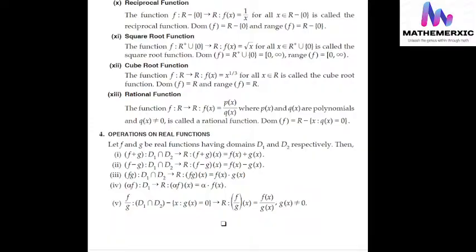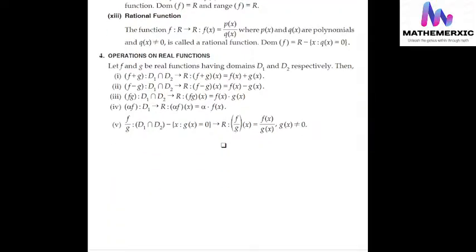Alpha f on D1 to R such that (alpha f)(x) is equal to alpha into f(x). And f by g on D1 intersection D2 minus {x such that g(x) is equal to 0} to R such that (f by g)(x) is equal to f(x) by g(x), where g(x) is not equal to 0.